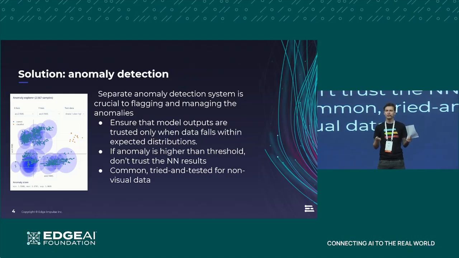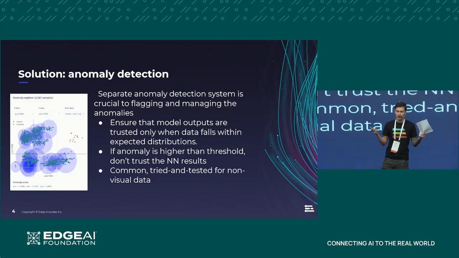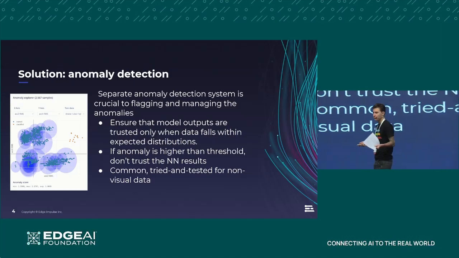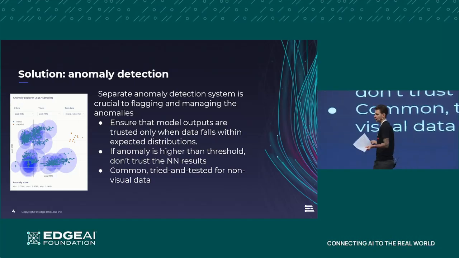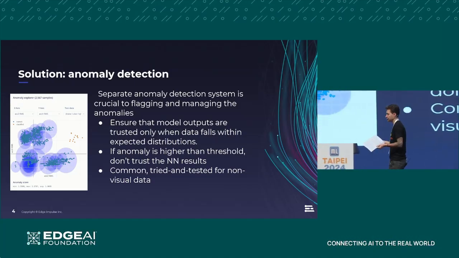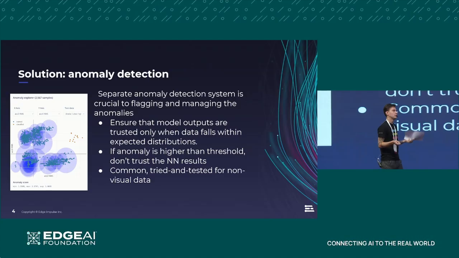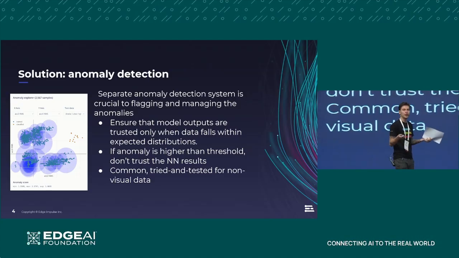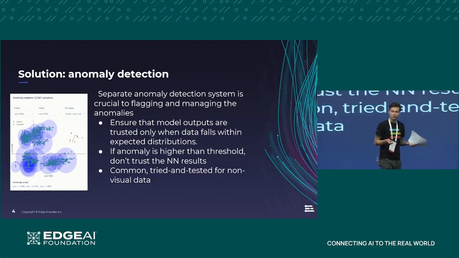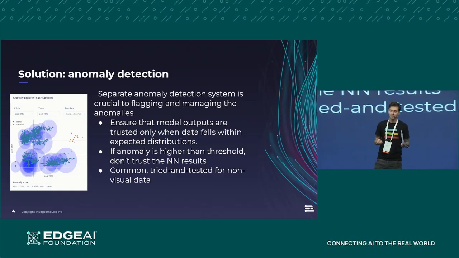I would say that, as I mentioned, this is actually very tried and tested for non-visual data. When you go around exhibitions, you will probably see something like a fan anomaly detection demo, maybe a pump, something like that. So it works with vibrations, perhaps.